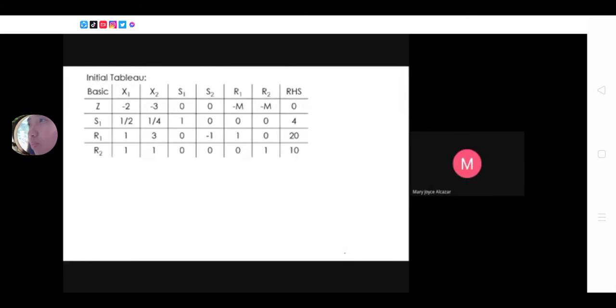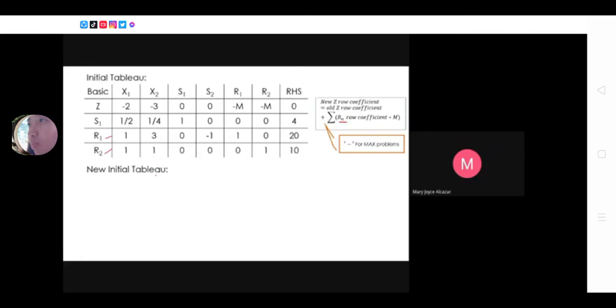So to create a new initial tableau, you need the initial tableau and this equation. The new zero coefficient is equal to the old zero coefficient plus the summation of Rn row coefficients times M. The Rn's are the rows of R1 and R2, or if you have other artificial variables, you will need all of those.